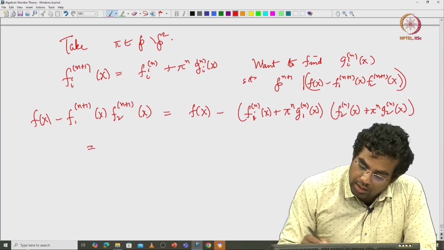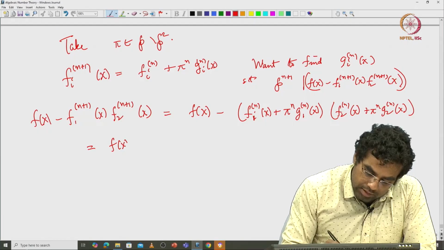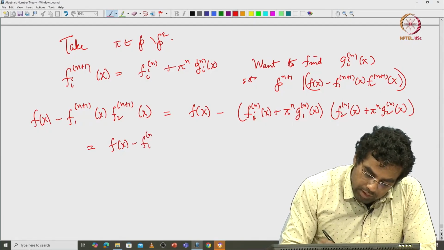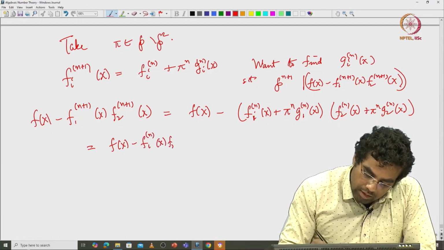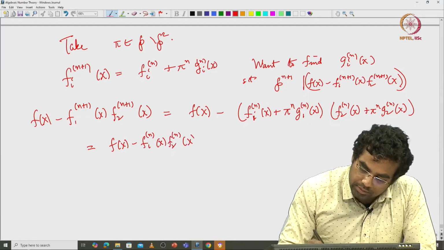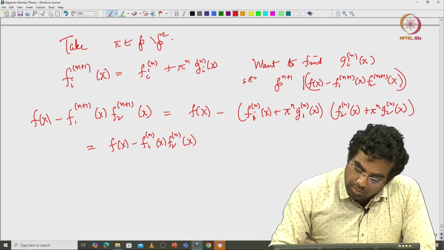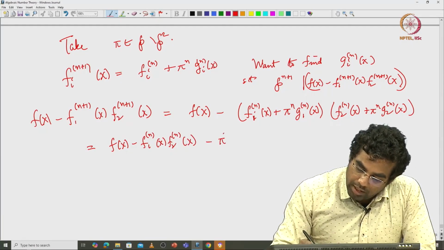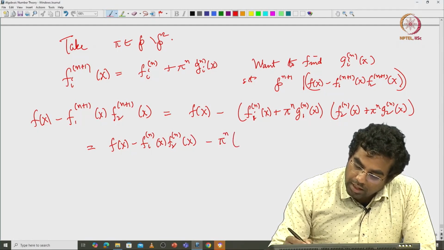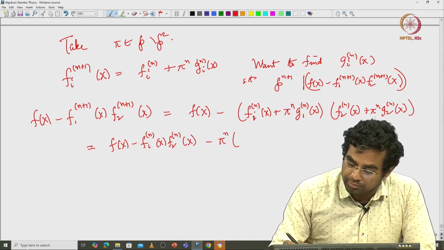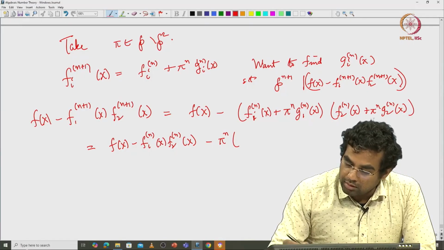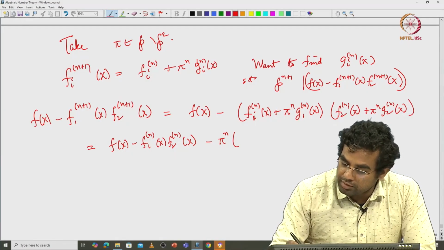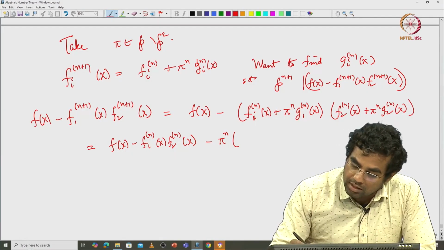So, I can rewrite this as f of x minus f1 n x f2 n x, minus pi to the n, and then I gather the terms with pi to the n's in them.